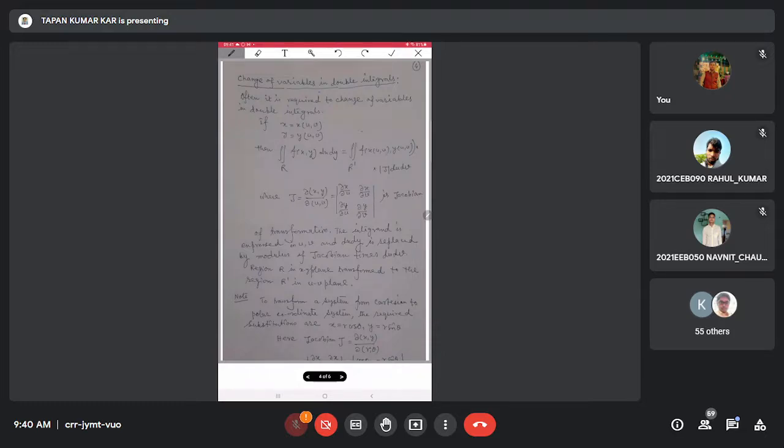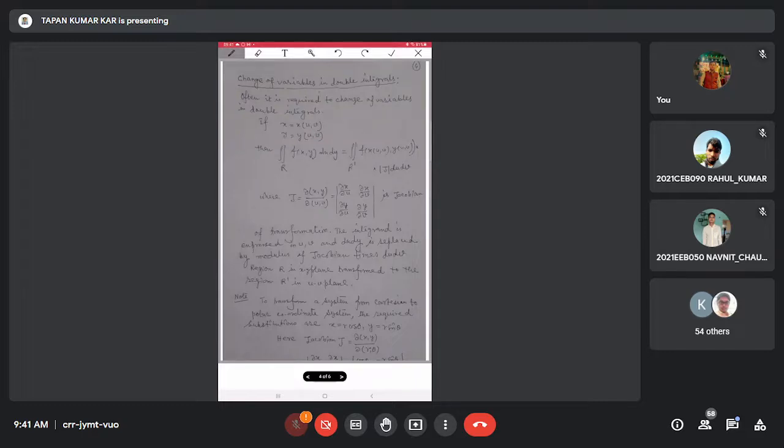That is, the given integral is sometimes not possible to integrate, or may be difficult, or will take more time or be very lengthy. But if we give a suitable substitution, then the integral becomes simple and we can easily evaluate it.